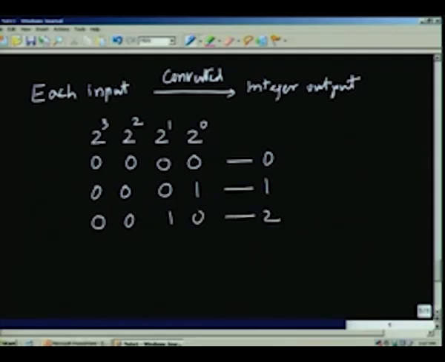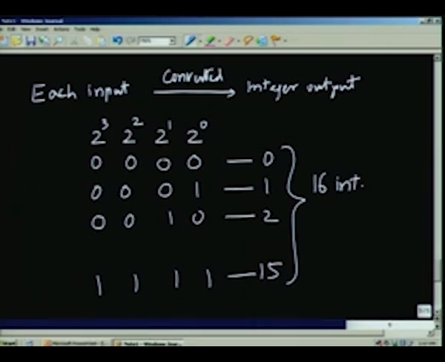I can have 2. So, the biggest number I can think of is 1111, which corresponds to 15. So, 0, 1, 2, 3 up to 15. So, there are 16 integers that are generated.